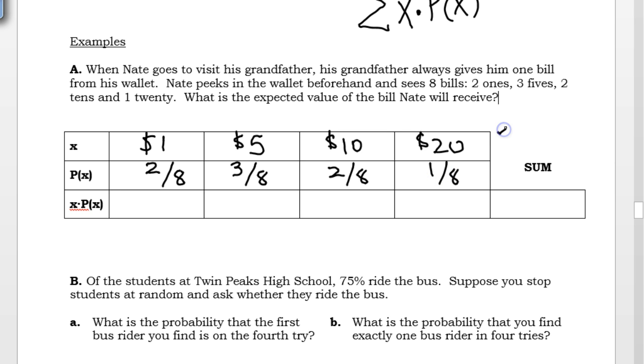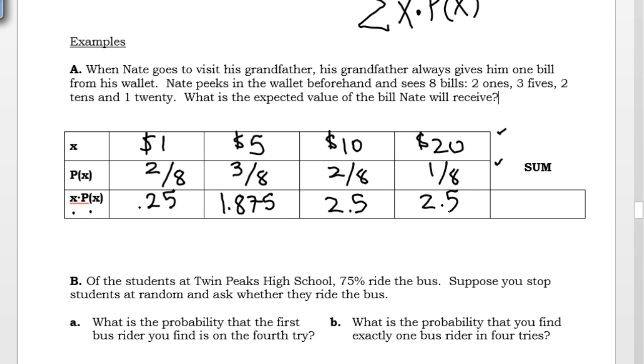We have the outcomes, we have their probabilities. Now we need to multiply the outcomes times the probabilities. So 1 times 2/8, 5 times 3/8, ten times 2/8, and 20 times 1/8.